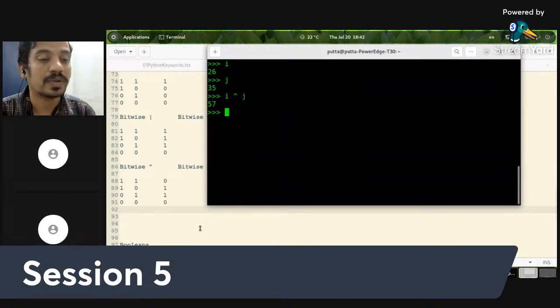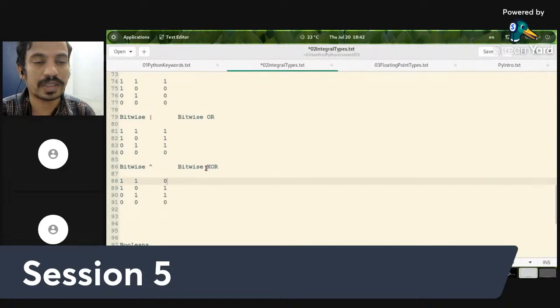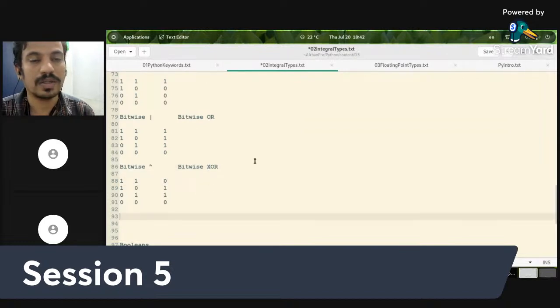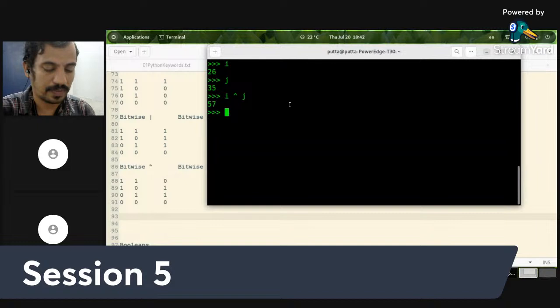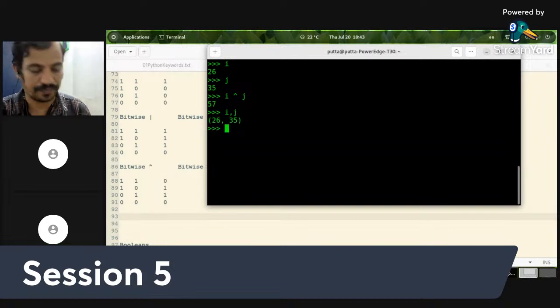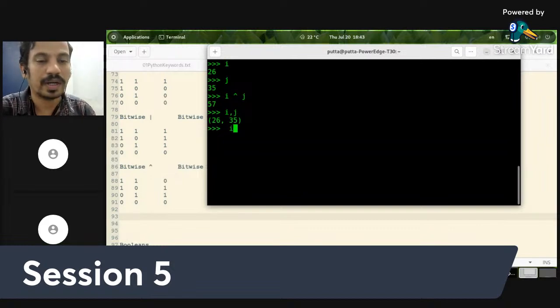Okay, so we can do an interesting thing with this bitwise XOR. First let's see what are the values of I and J. They are 26 and 35. Execute these instructions with me.